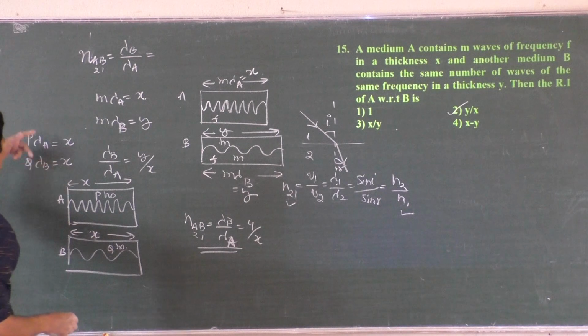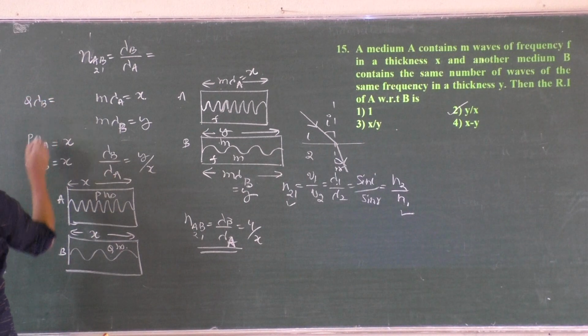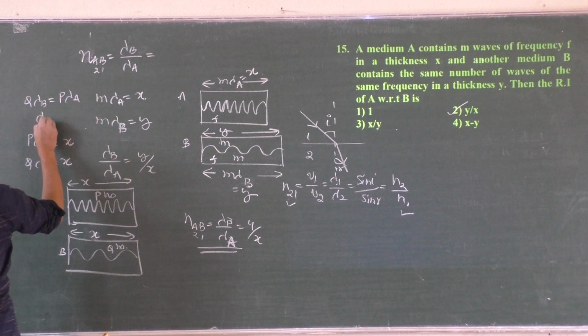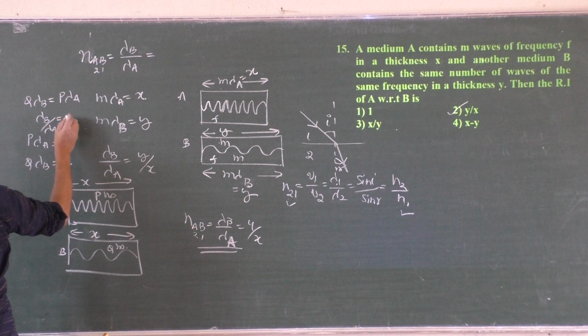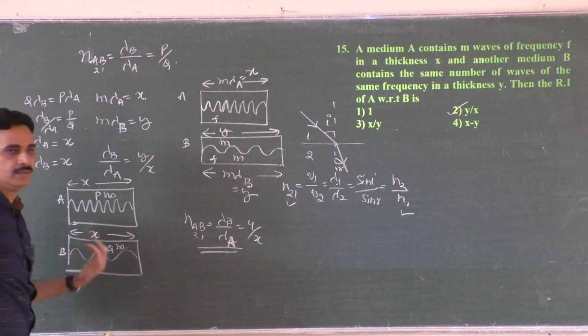If you want to get λB by λA, divide them. qλB must be equal to x, which is equal to pλA. λB by λA is equal to p by q. It is p by q, like this.